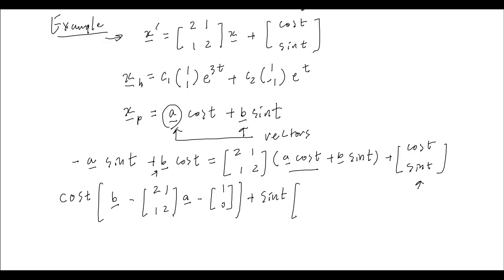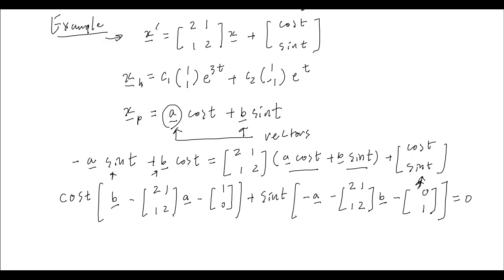We have minus A, and from this term we have minus [2, 1; 1, 2] B, and finally a term from the last one, but we don't need cosine, so we have minus (0, 1). This is 0.